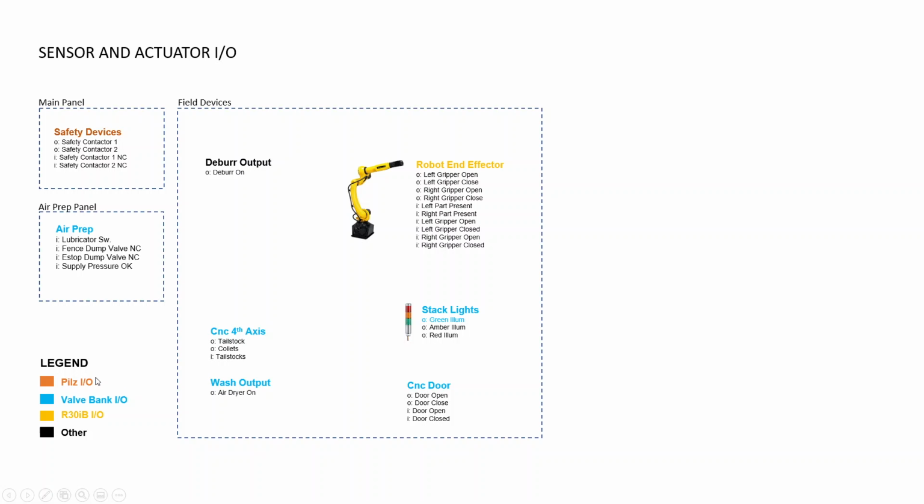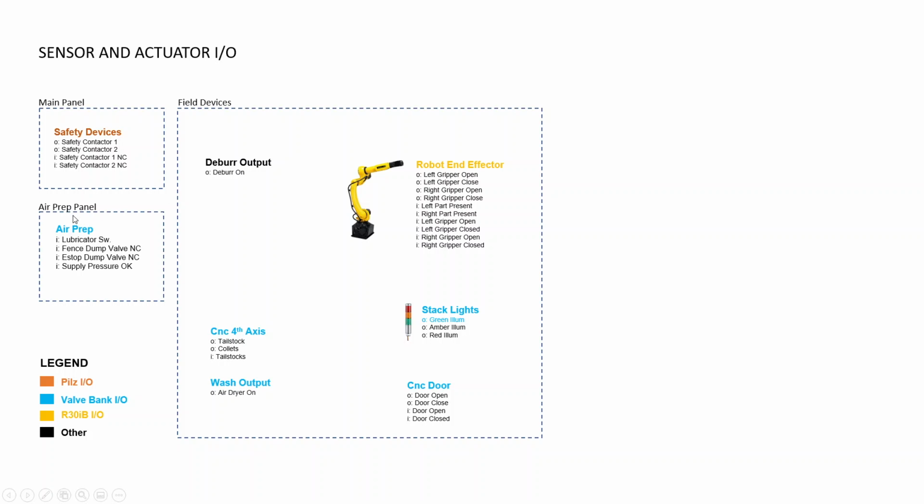So it's basically like a PLC, but it's a safety controller. And you can see here I have all the different IO devices that are present in the system, and I've designated them with color coding. So the big IO collector for our external devices is our valve bank IO. Our valve bank has digital inputs, outputs, and valves.